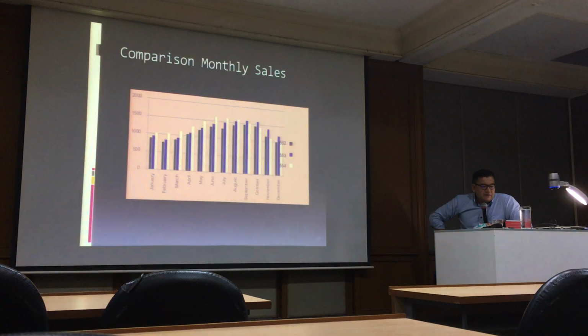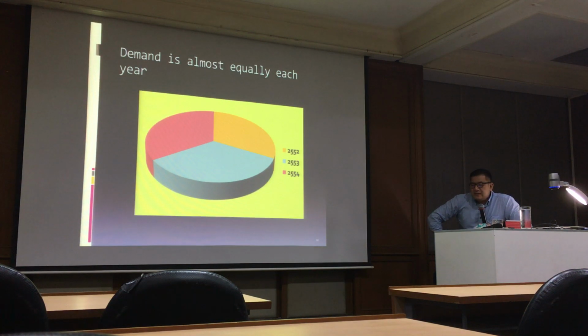And also, if you compare monthly sales for each year, you might see something change, because in the last quarters, the highest sales come from different years. And also, if using a pie chart, you can see that there are multiple demands for each year.